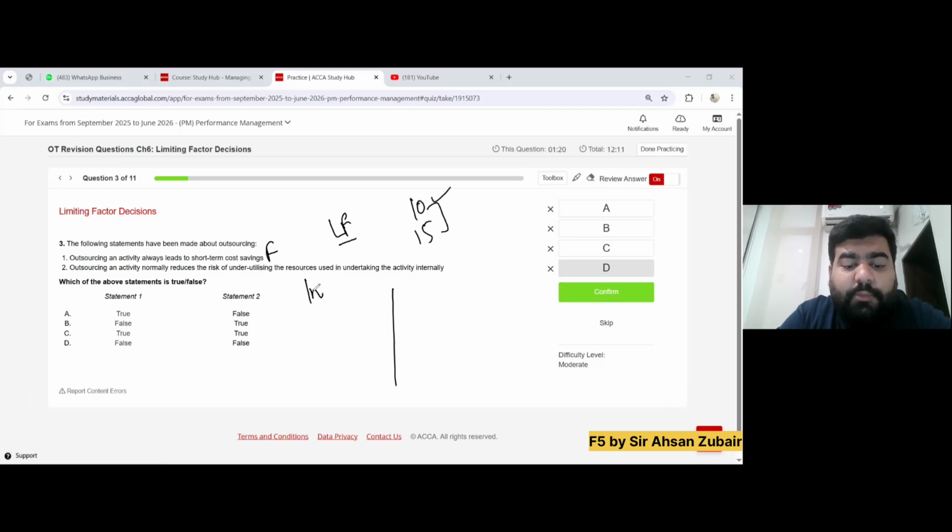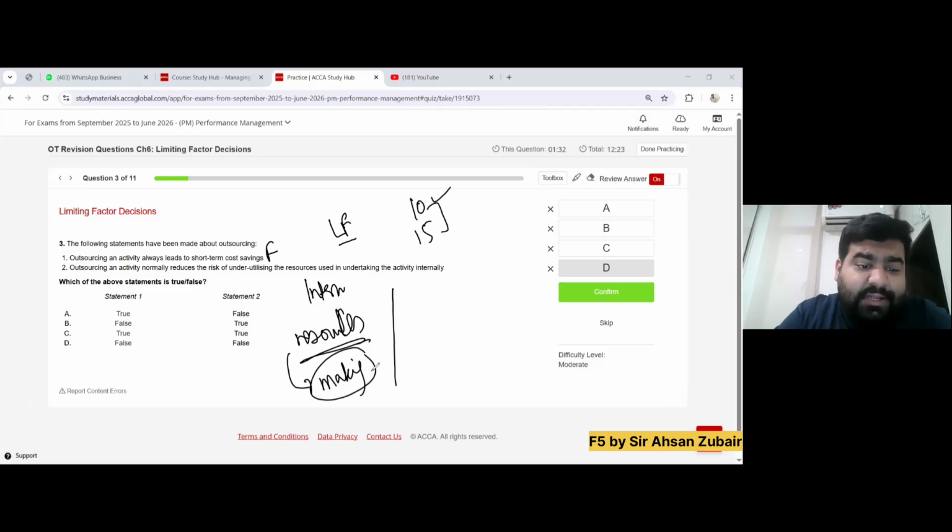See, for example, if you are making the product internally, you are having resources. If you are making the product internally, there is the risk that the complete resource is not used. Maybe you are having 100 labor hours, but making that product only takes 80 labor hours.